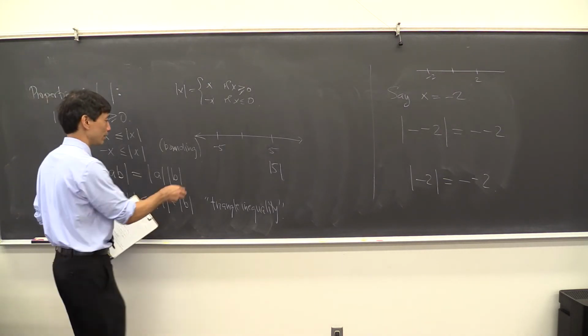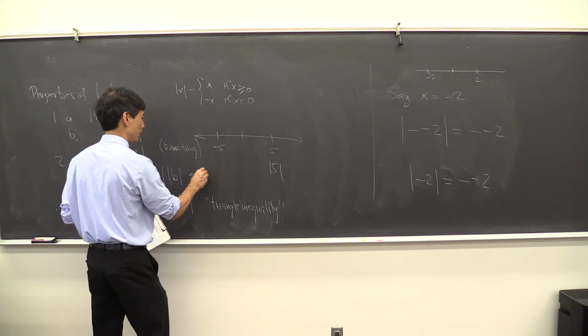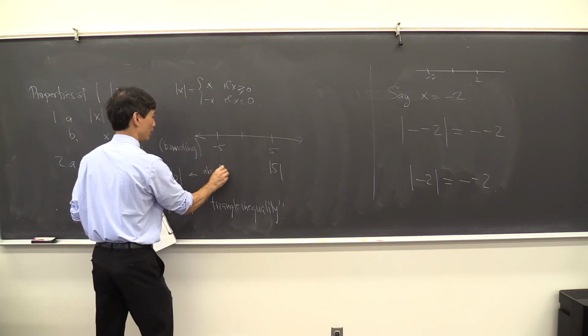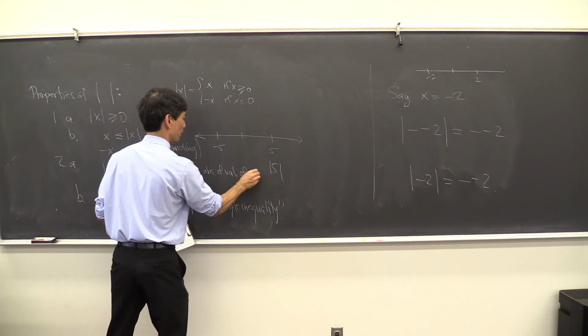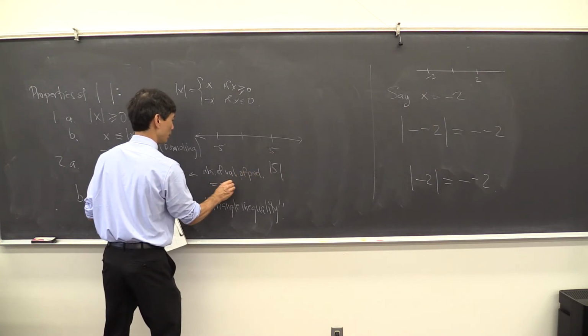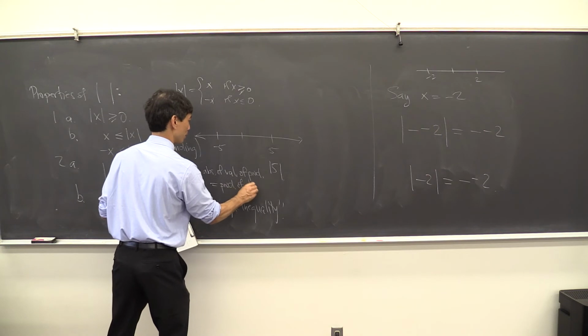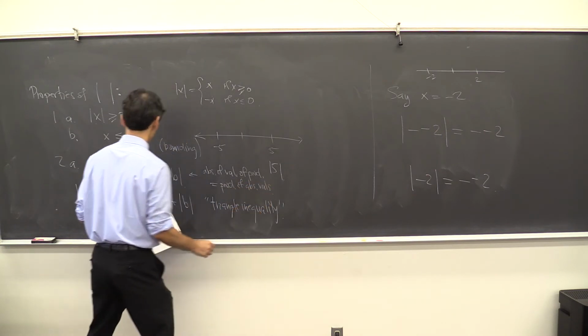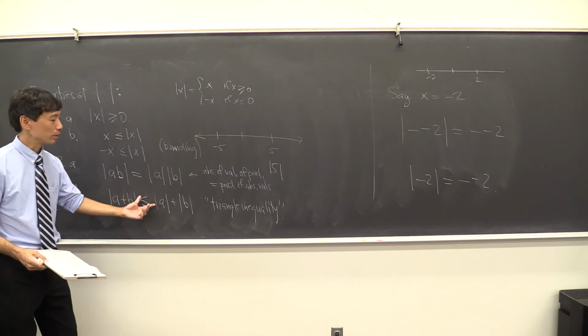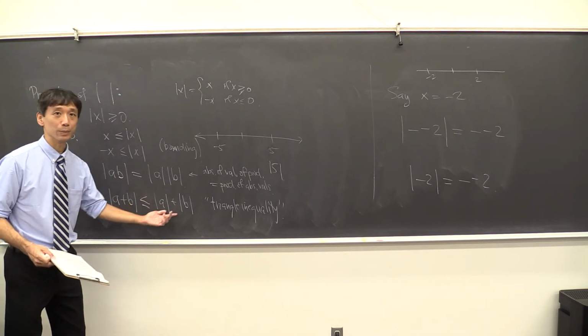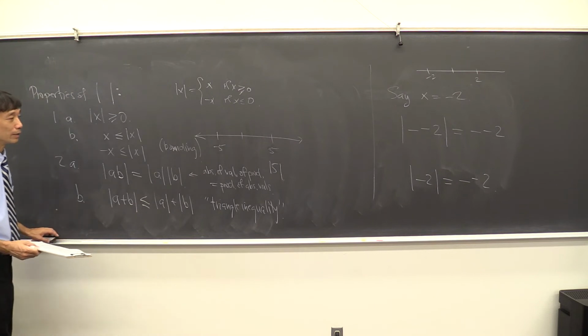So if I write this first one in English, it's the absolute value of a product equals the product of the absolute values. Right? And then this one is the absolute value of a sum is smaller than the sum of the absolute values, if you want to write it in English.